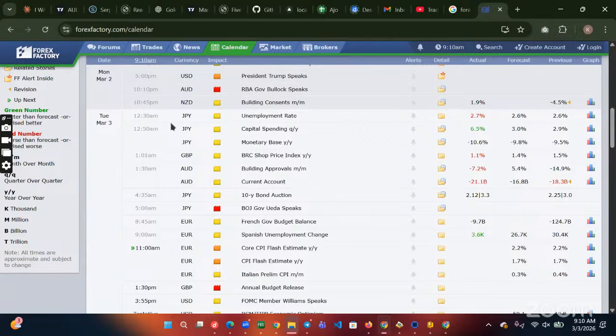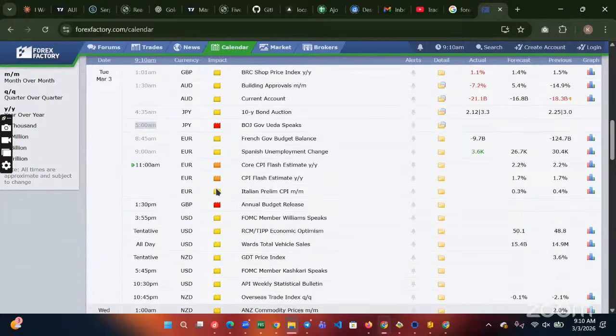Now, for Tuesday, you can notice that we had a high volatile news around 5 a.m. And then for today, by 1:30 p.m., that is when the next news is going to come up on GBP, the annual budget release. So by 1:30 p.m., if we are on a trade that is running on GBP, we would find a way around it.